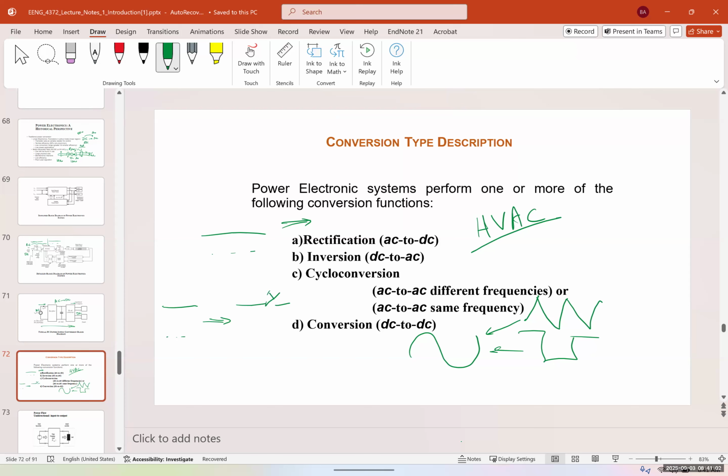If I turn the switch on and off, I'm going to have a pulsating DC or an AC. This AC signal is called a square AC signal. For normal use, such as charging a battery or an electronic device, it's no problem.